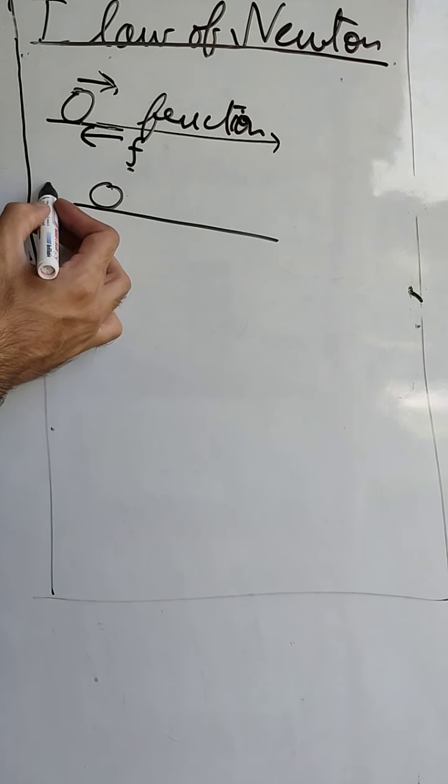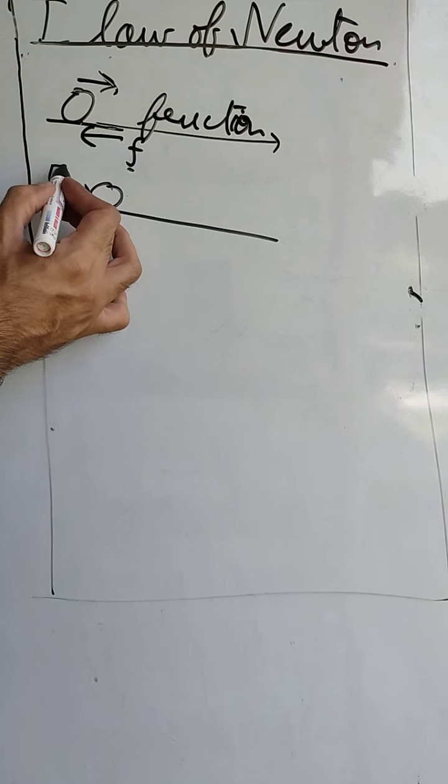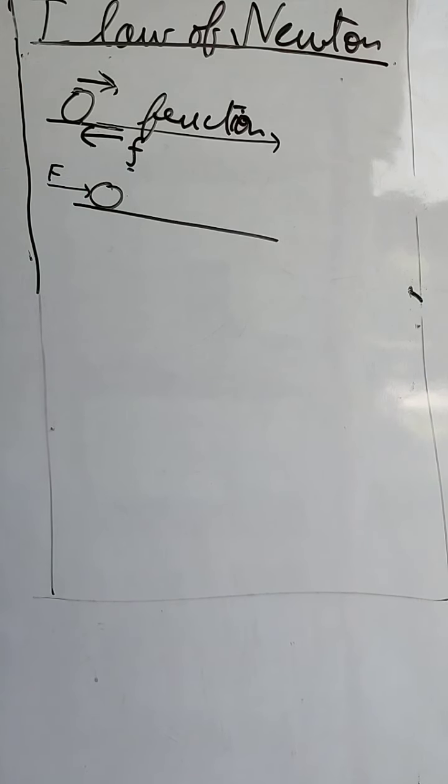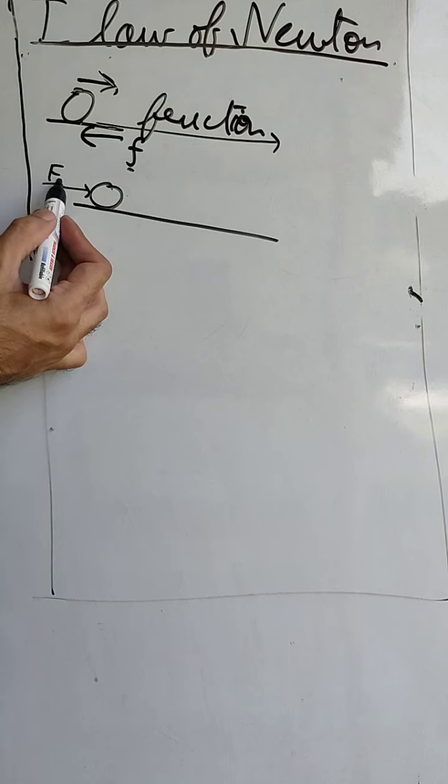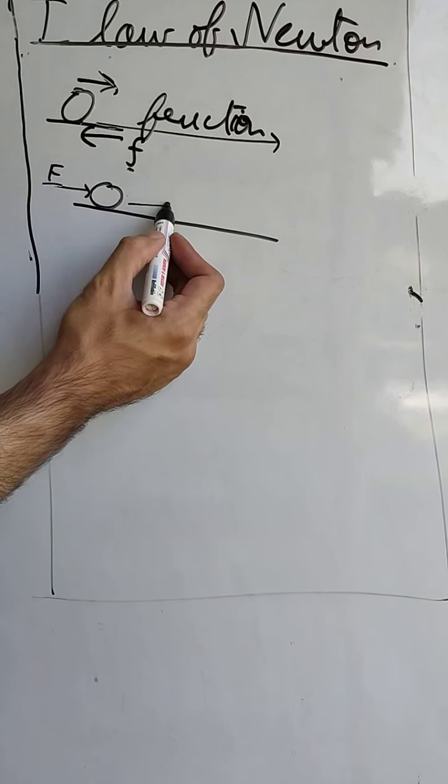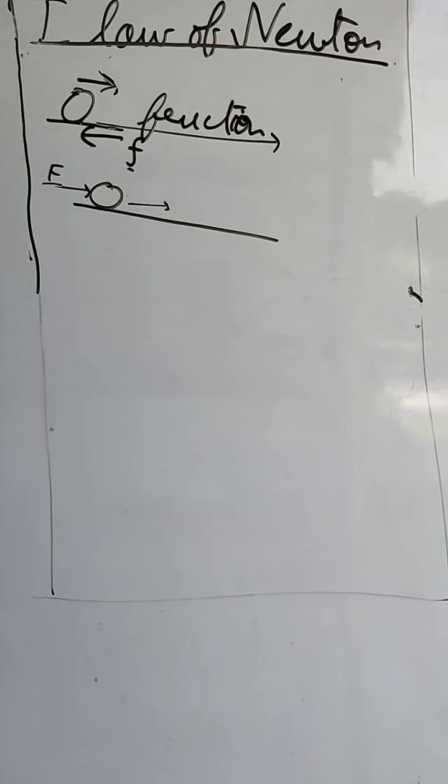Similarly, if I apply a force on a body at rest, suppose I push it, then this is an external force. As soon as the external force is applied, the body will start moving in the direction of force. So the first law of Newton is: when the body is at rest, it will continue to be at rest, or if the body is in motion, it will continue to be in motion, unless an external force is applied on the body.